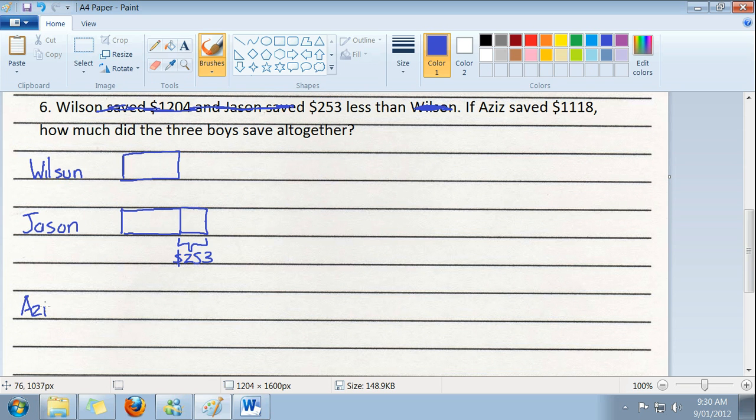If I write Aziz here, obviously we are given the information. Then I'll have to change this part, otherwise it'll make no sense.